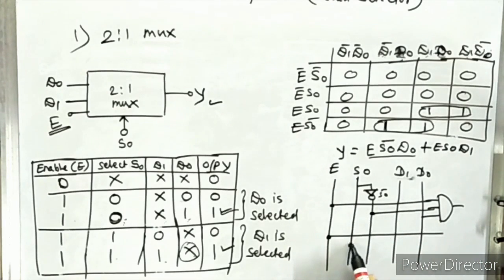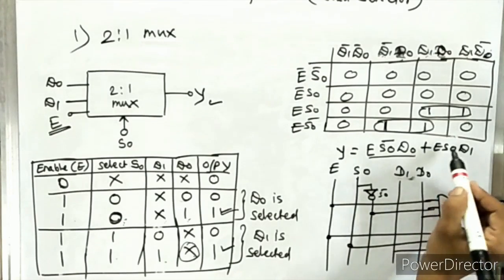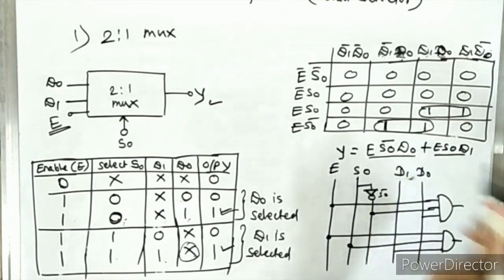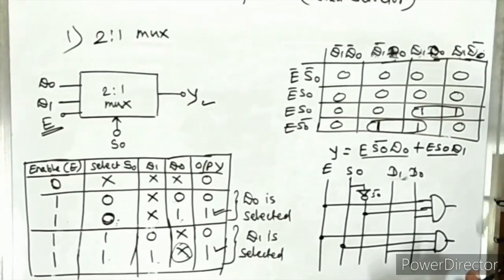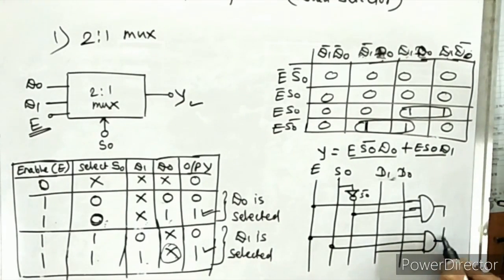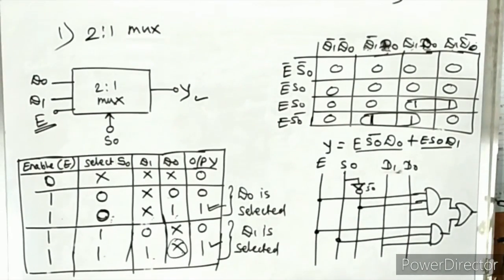Now here it is S0 uncomplemented, so it is S0 line and D1. So here D1. Here also AND operation. And between these two terms there is an OR operation, that is addition. So here we get an OR gate. So this is the diagram for the 2:1 multiplexer.